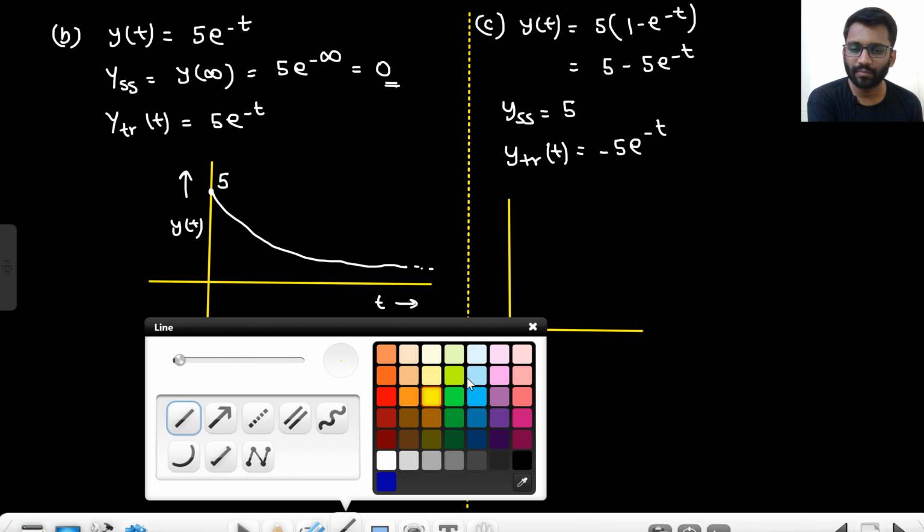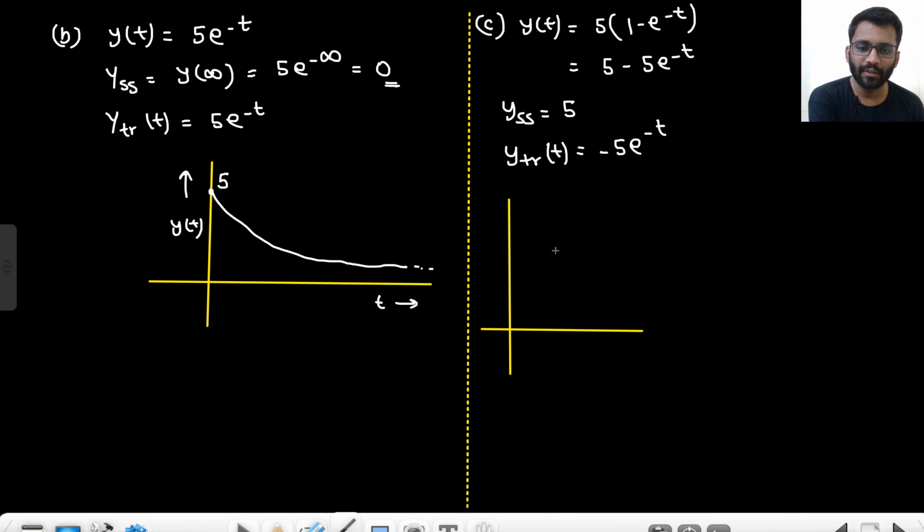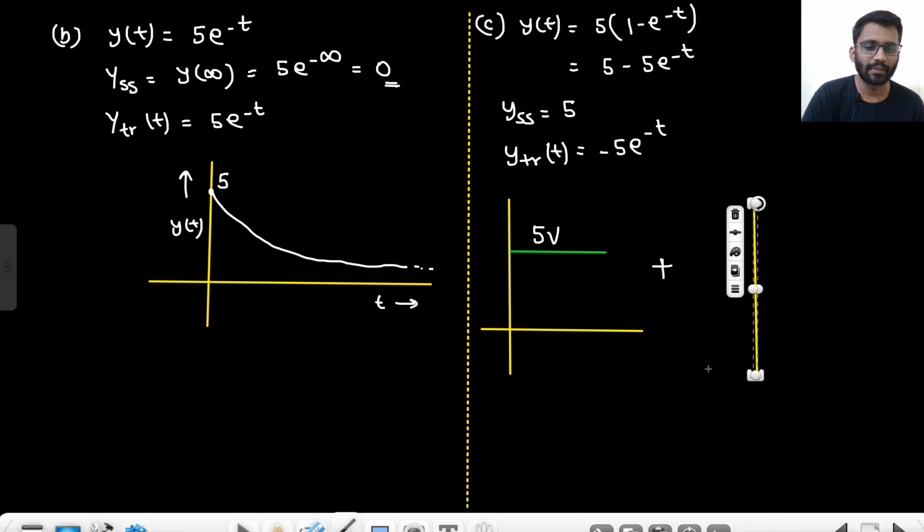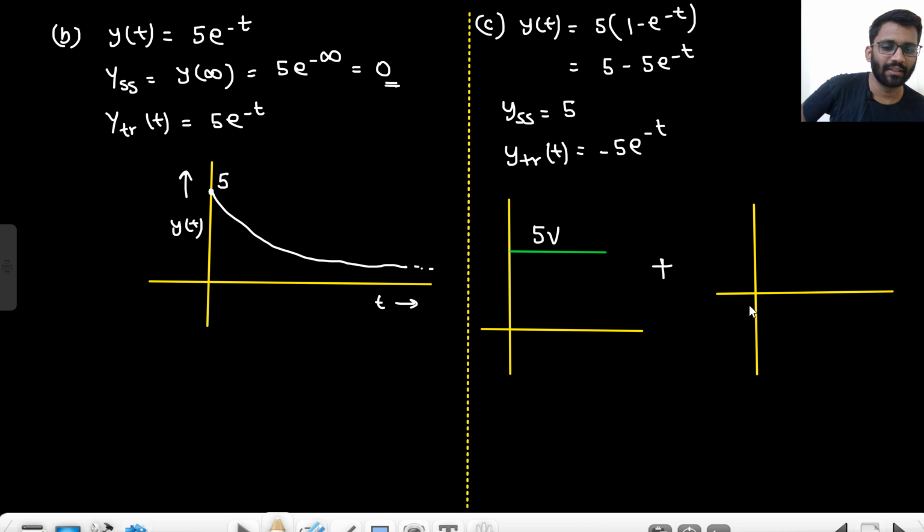This is some 5 volt steady state value, 5 volt, plus some transient part. So these two graphs we are adding up simply.